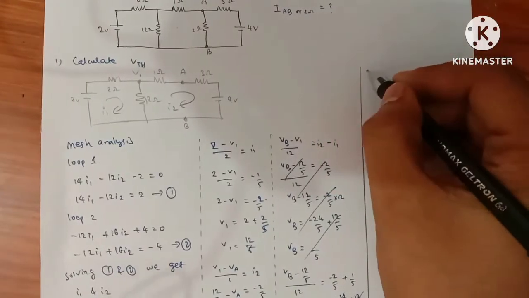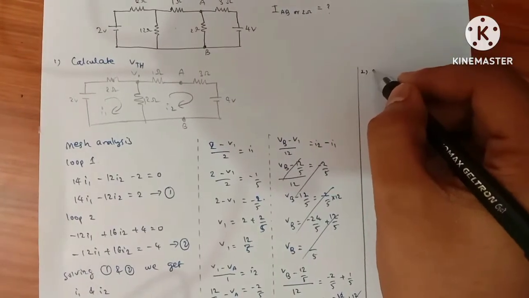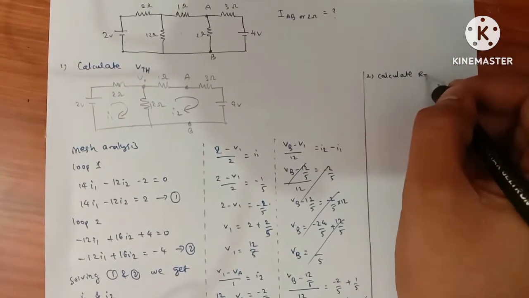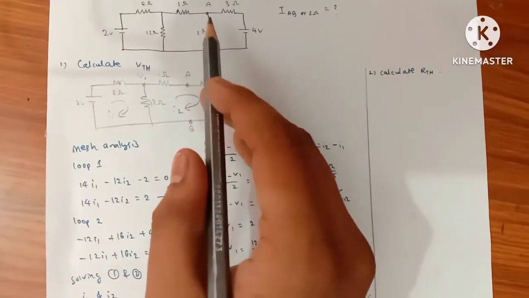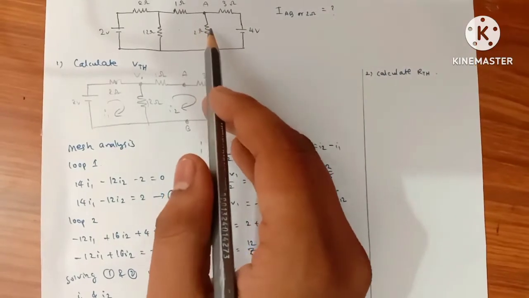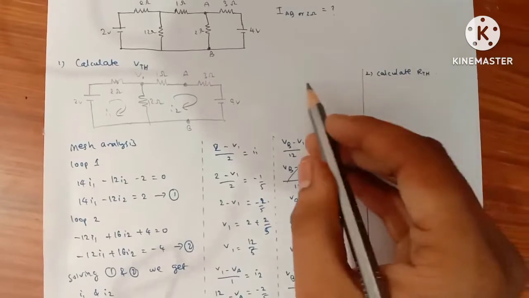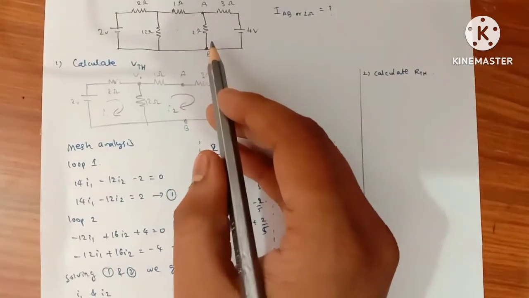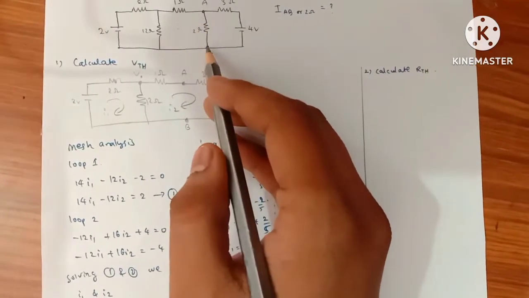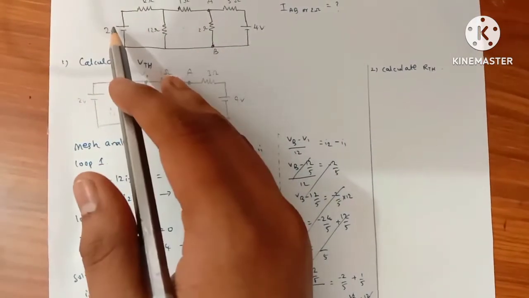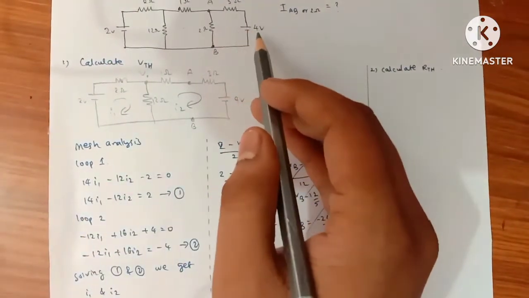Again, in the second step of Thevenin's theorem we need to calculate RTH. So calculating RTH, which is R equivalent without the load resistance. We need to calculate RTH by removing the load resistance between A and B, and replacing the sources with their internal resistance.